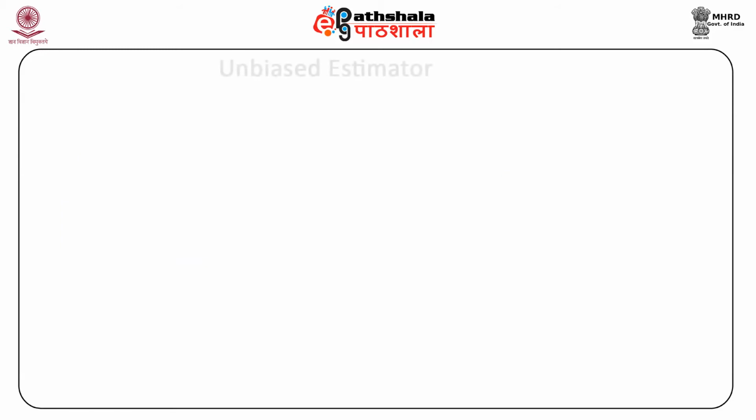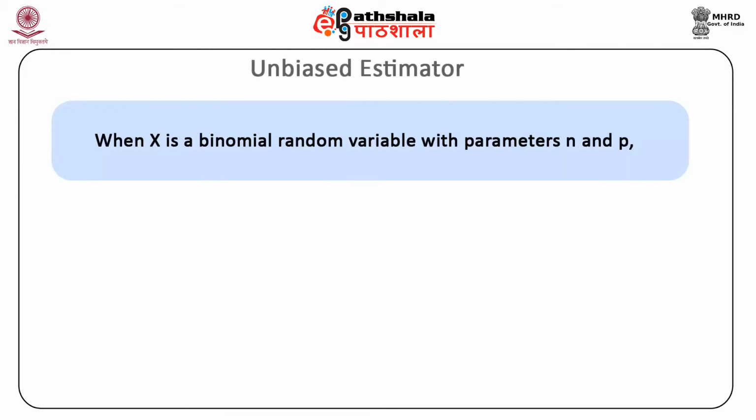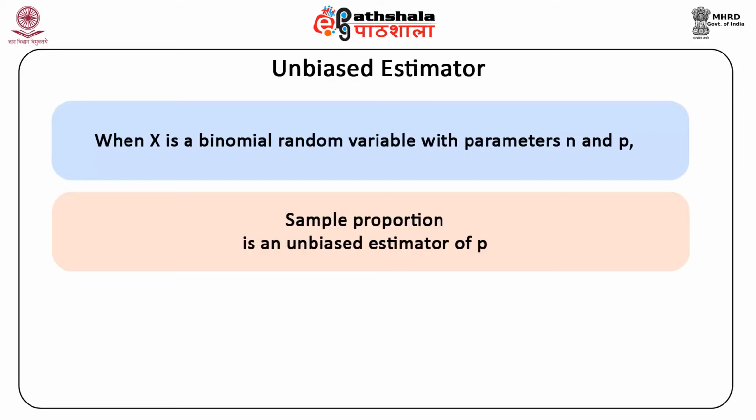The property of unbiasedness is derived for a few estimators. When X is a binomial random variable with parameters n and p, the sample proportion p hat, equal to X by n, is an unbiased estimator of p. This is proved as follows.